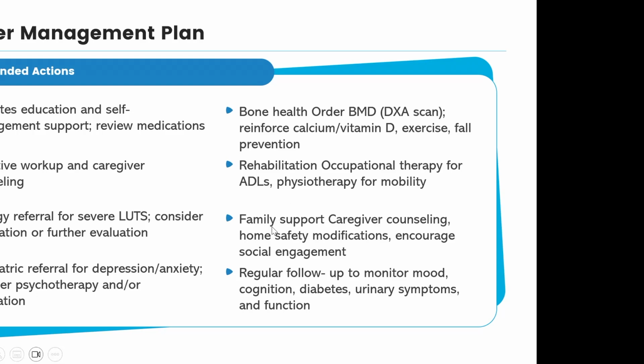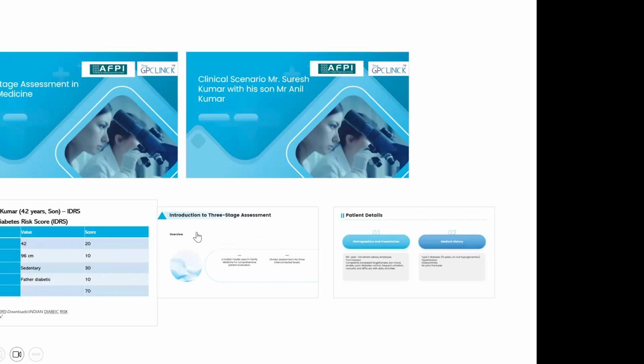So we can remove the loose rugs. We can give him grab handles in the toilet, and we can make transitions between different floor levels easier. And we can tell the family to actually work together.